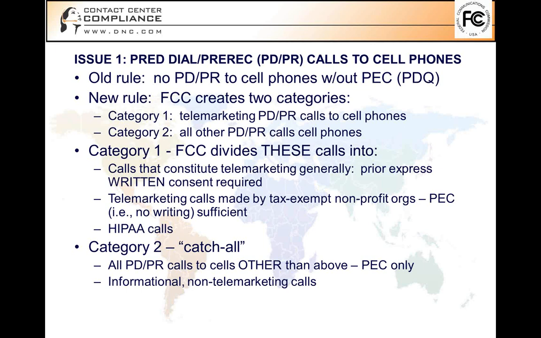Issue 1, predictive dialer calls, and I've shortened it up to PDPR calls to cell phone. This is the #1 issue for the industry. It's a very important issue for the industry because of the prevalence of the use of predictive dialers and the prevalence of the use of cell phones.